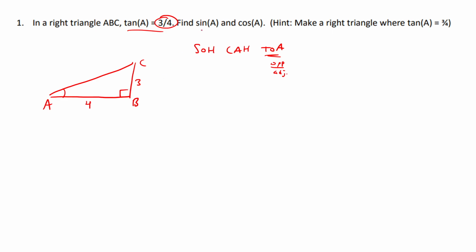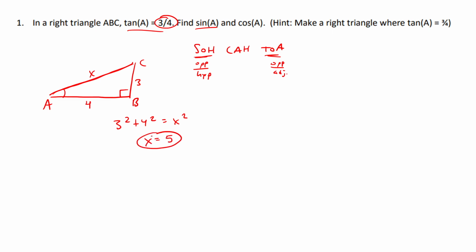Right, but now they want me to find sine of A. Well, sine would be opposite over hypotenuse. I don't know the hypotenuse, but I could find it because it's a right triangle. So I know that 3 squared plus 4 squared equals, we'll just call this x. And that's a 3, 4, 5 right triangle if you haven't realized that already.